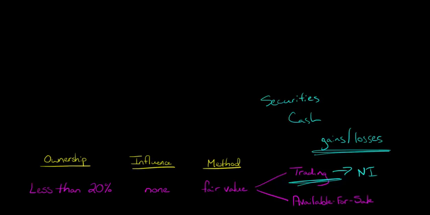Now, if it's not a trading security, if you say, you know what, I don't know when I'm going to sell this Microsoft stock, then it would be what's called an available for sale security. That's the other type that's under this fair value method. So in that case, the unrealized gains and losses are going to go to an account called other comprehensive income, which is going to flow through equity ultimately, but it's bypassing the income statement.